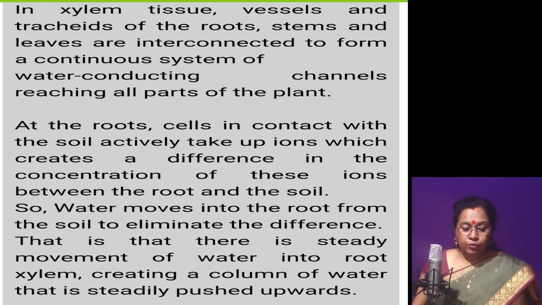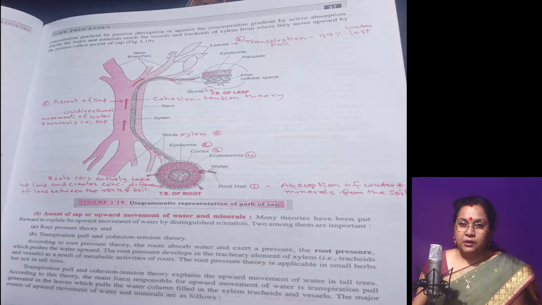The upward movement of water and minerals in the plants from root to leaves is known as ascent of sap. It takes place through the xylem tissues, vessels, and tracheids of the roots, stem, and leaves.